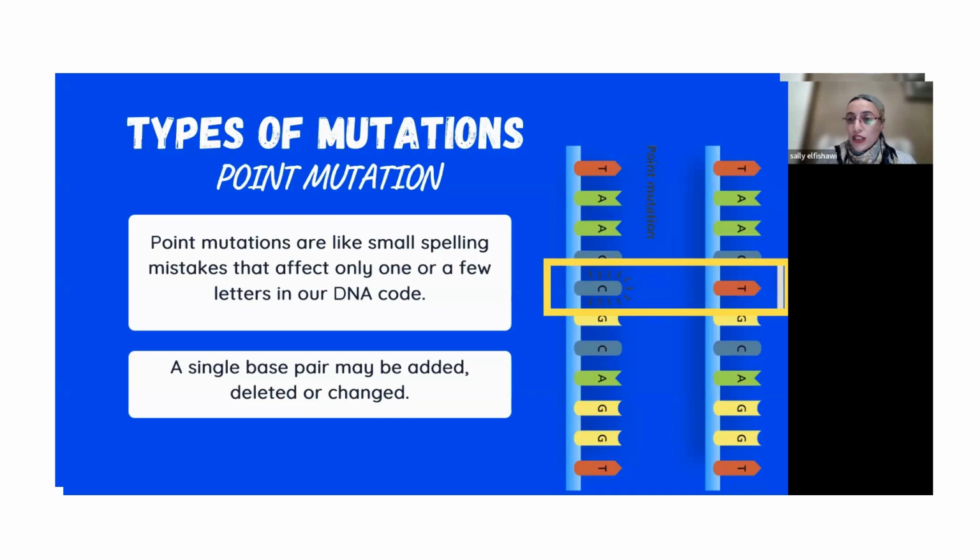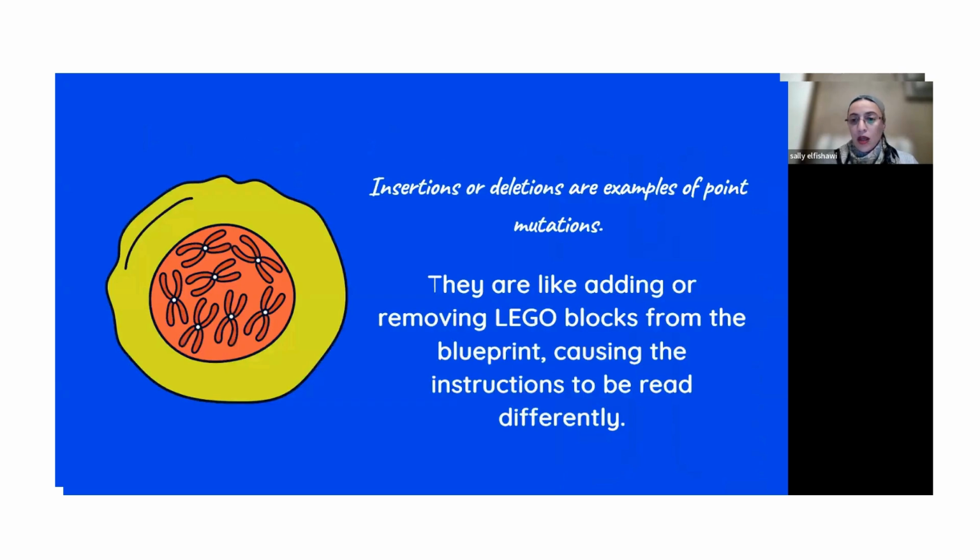Point mutations can be a substitution mutation, as we can see, where the C is replaced by the T, or an added nucleotide or a deleted nucleotide. All these count as point mutations, a mutation in one base only. Insertions and deletions are also part of this point mutation classification.